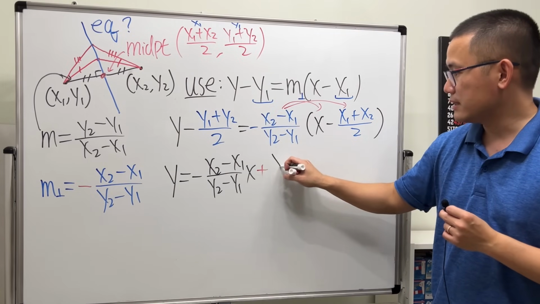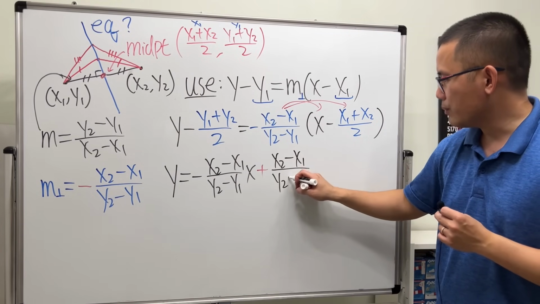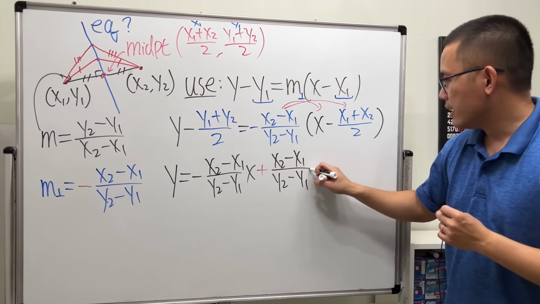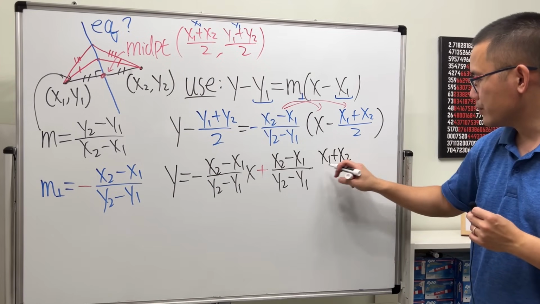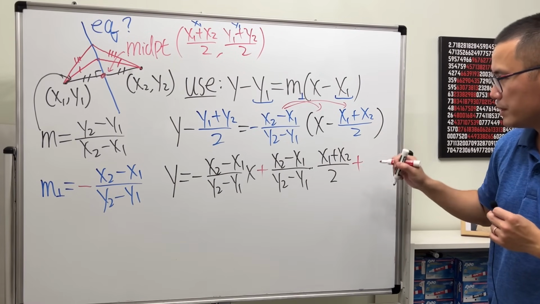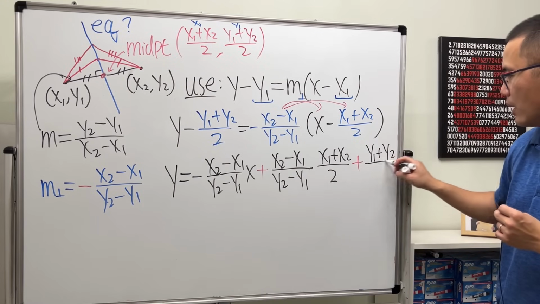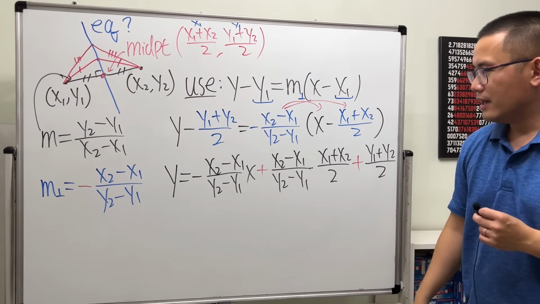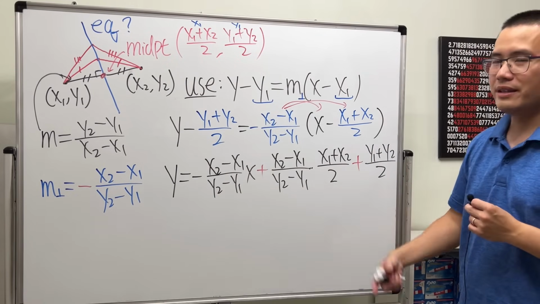So I will keep it as x2 minus x1 over y2 minus y1 times x1 plus x2 over 2, and then put this to the other side. That's also going to be a plus y1 plus y2 over 2. And that's pretty much it. That's the slope, and this is the y-intercept.